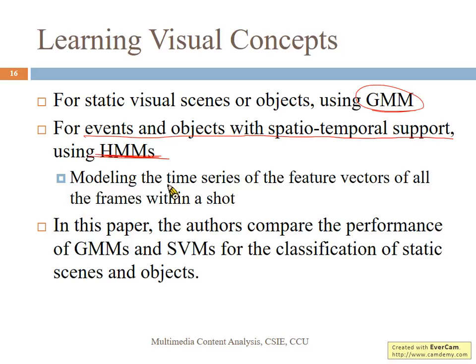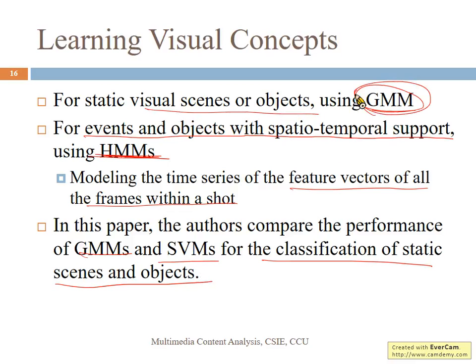They try to model the time series of the feature vectors of all frames within a shot. And in this paper, the authors compared the performance of the Gaussian mixture model and the support vector machine for the classification of static scenes and objects. So in addition to modeling static scenes and objects by the Gaussian mixture model, they also try to model them by SVM.